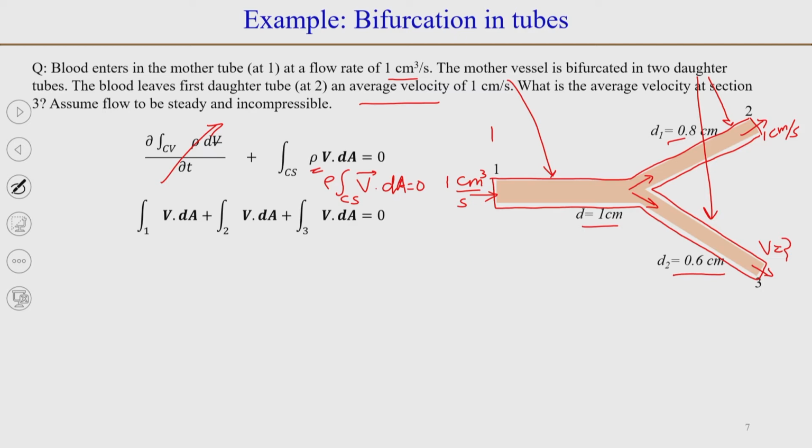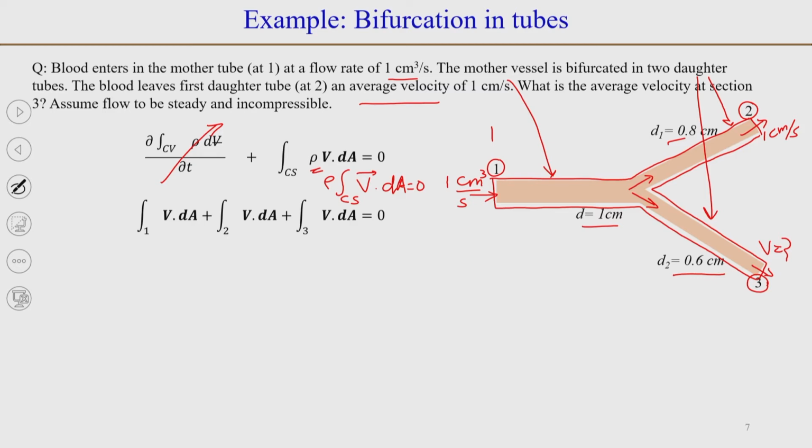Now, the flow is coming in at three sections: section 1, section 2 and section 3. So, the flow is coming in or going out at these sections, everywhere else the flow is 0.